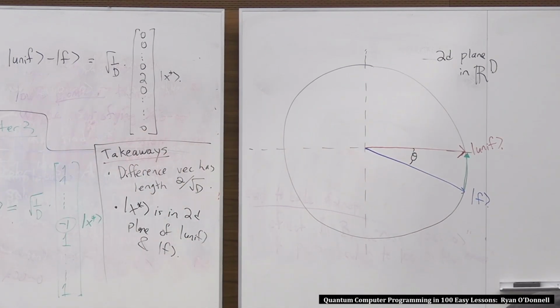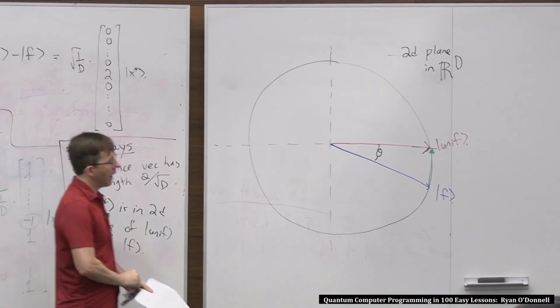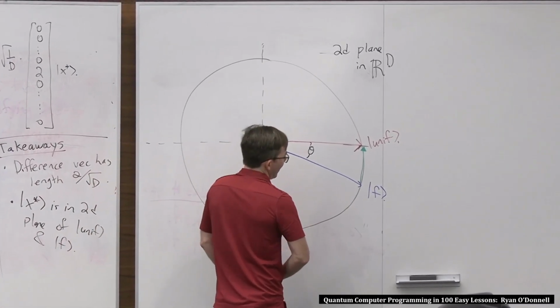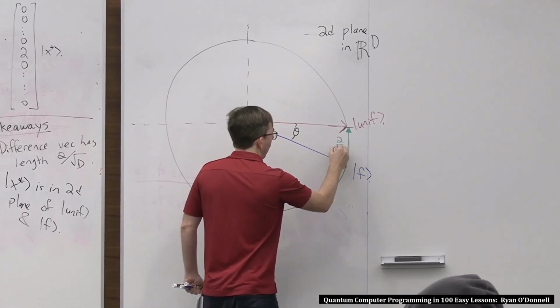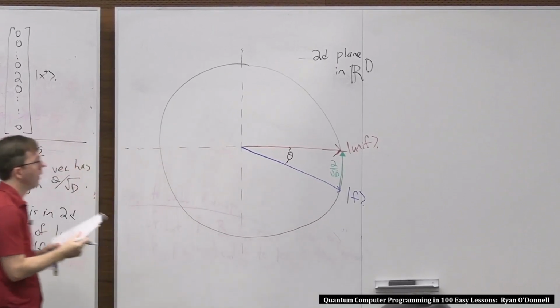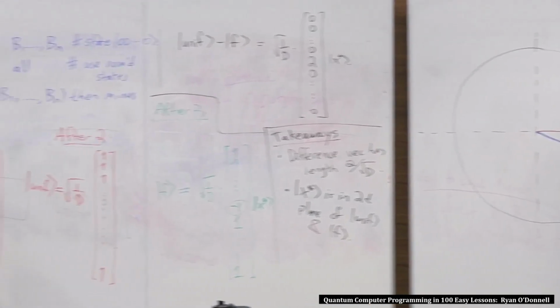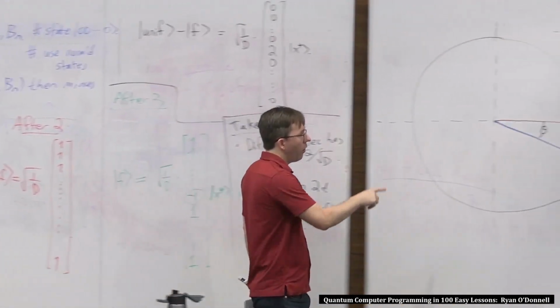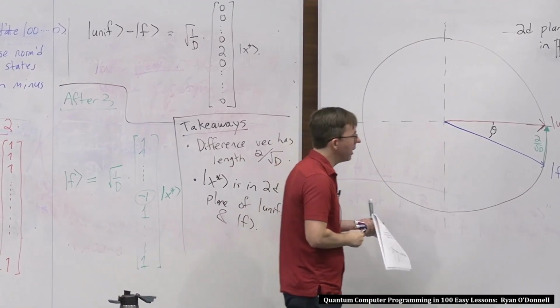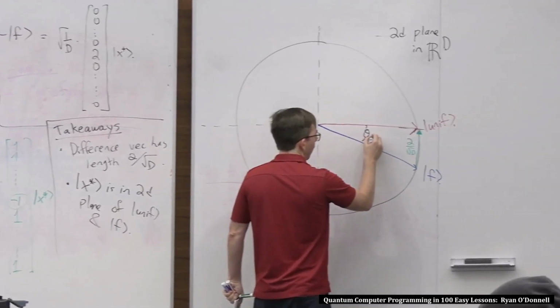And we know its exact length. The exact length of this green vector is 2 over root d. And remember, d is really large, so this is really small. So another thing I want to say is, theta is also extremely close to 2 over root d.